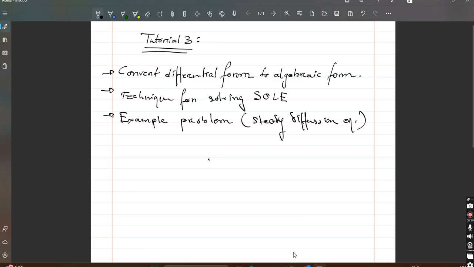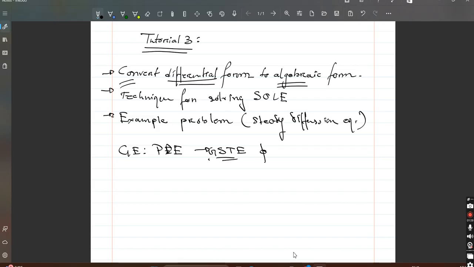So first we will get familiarized with and revisit the concept of conversion of a differential form of a governing equation to an algebraic form. We saw that the governing equations are in the form of PDEs, partial differential equations, and sir has already taught you how to develop the general scalar transport equation for phi.